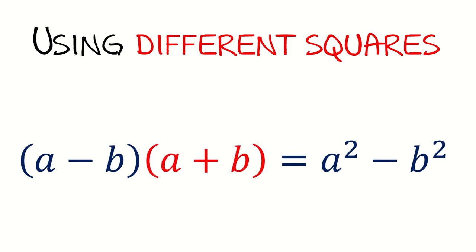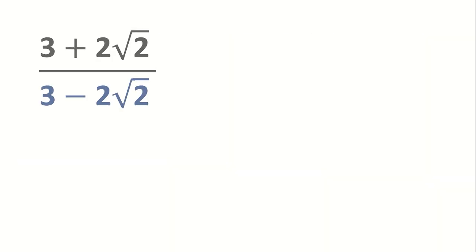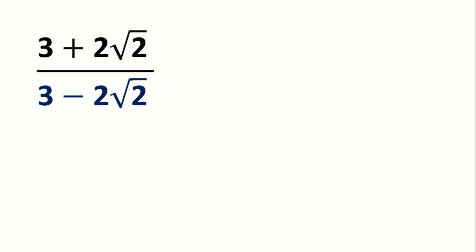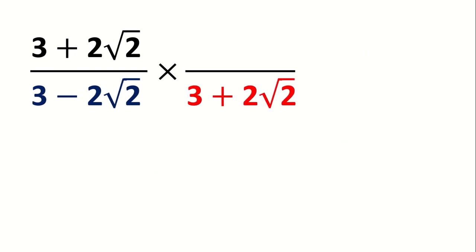So the denominator is of the form a minus b, which is 3 minus 2 radical 2, and we just need to multiply it by 3 plus 2 radical 2 to square both terms and get rational numbers.